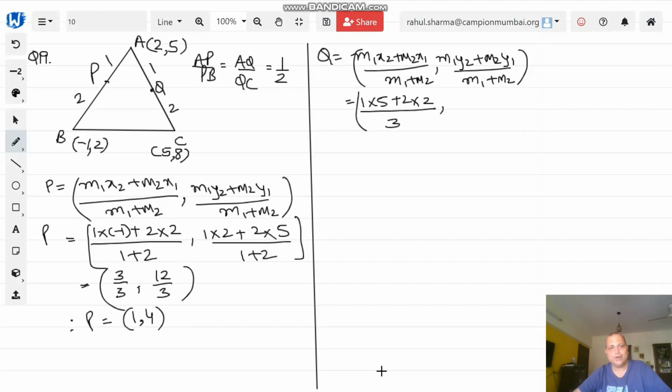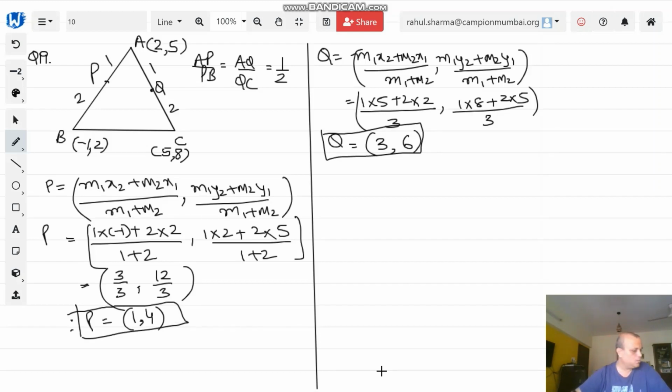This is m1 is 1, y2 is 8, m2 is 2 and y1 is 5 upon 3. So this is 5 plus 4, that's 9 upon 3, which means 3, and this is 8 plus 10, that's 18 upon 3, that's 6. So Q is equal to 3 comma 6 and P is equal to 1 comma 4.